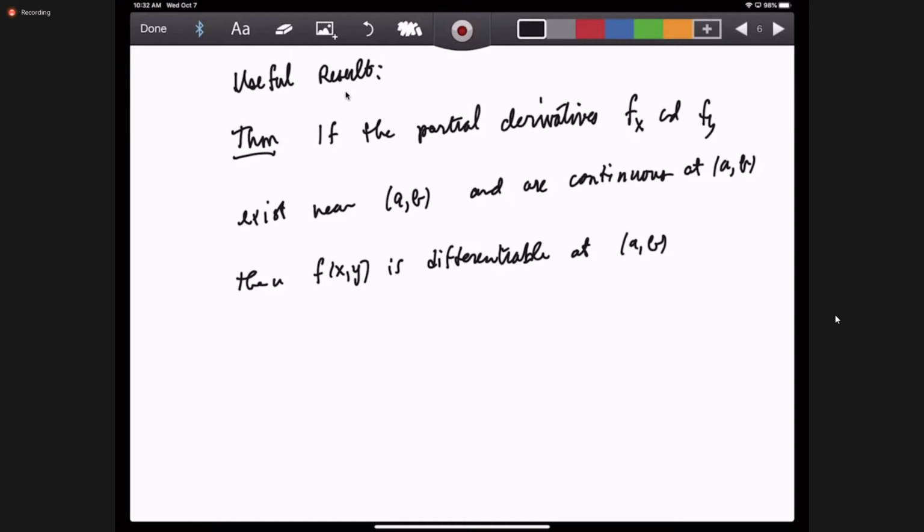Okay, so why is this useful? It's useful because computing partial derivatives is something that we can do in a straightforward, pretty mechanical way. Right? It's not hard to compute partial derivatives in general. We have to check whether these things exist and whether they're continuous at our point.